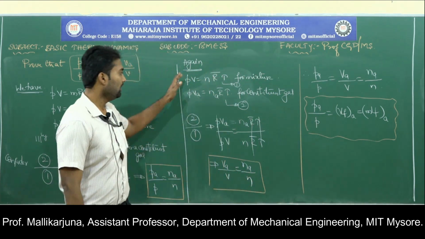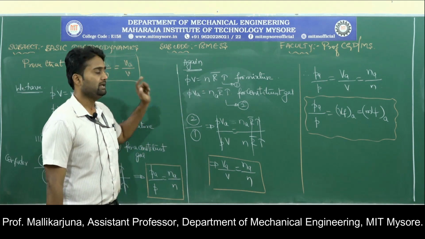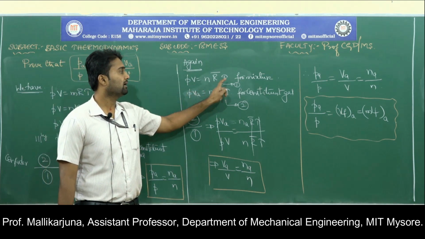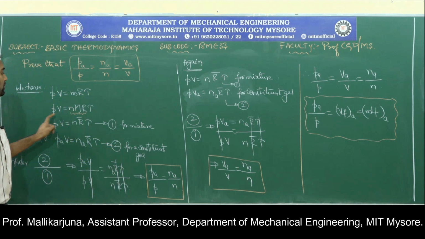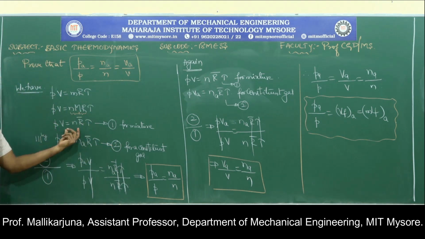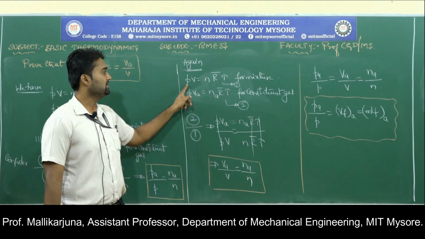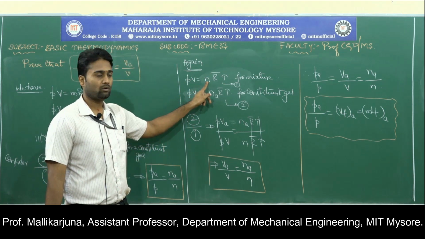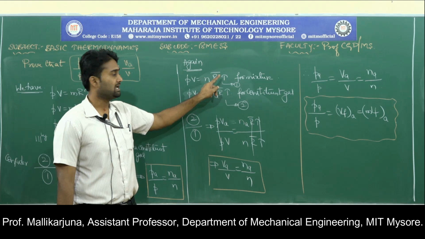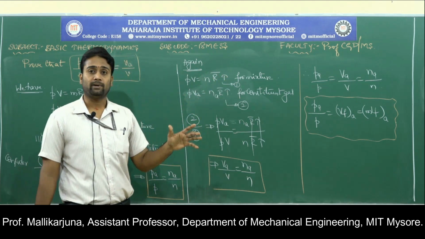Next, I will do the same thing over here. Again, I have PV is equal to N R bar T for the mixture that I have derived. I am taking this equation again. PV is equal to N R bar T, where P is pressure, V is volume, N is number of moles, R bar is universal gas constant, and T is temperature.